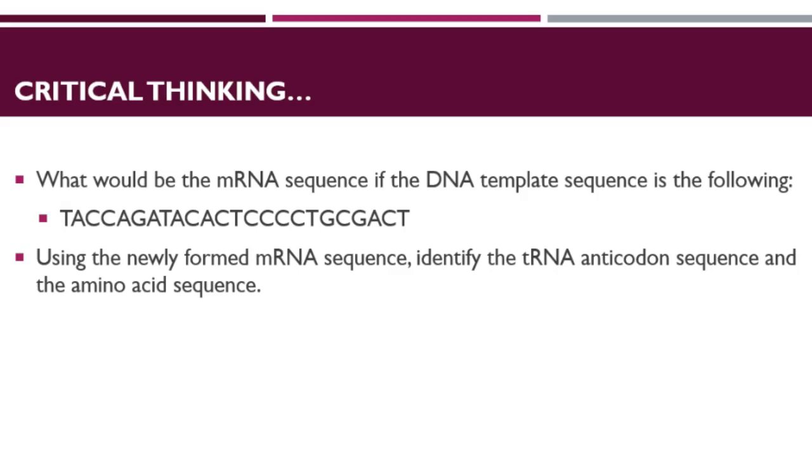So you're going to use this little DNA fragment to create both messenger RNA, the transfer RNA anticodon, and the amino acid sequence. And you can find the amino acid codons in this mini lecture. If you go back a few slides and find the amino acid codon wheel, that will help you to determine those sequences. All right, so hopefully this mini lecture was helpful.